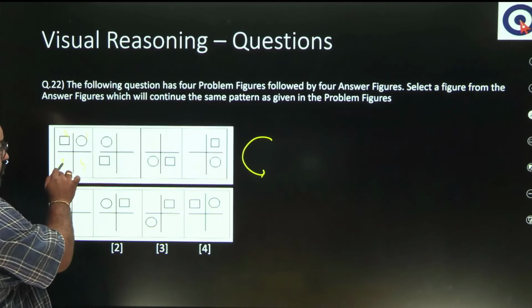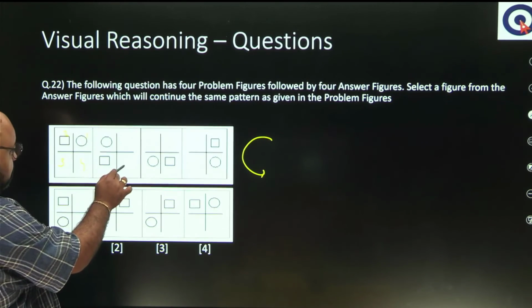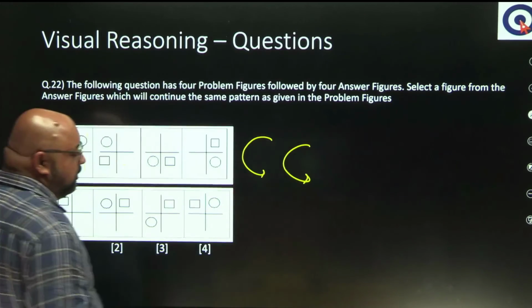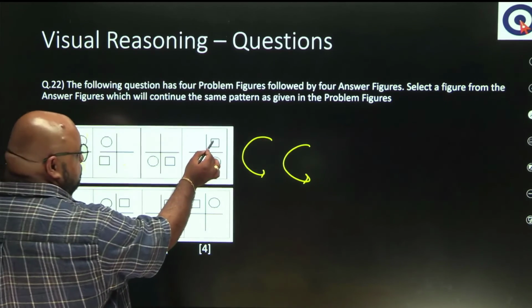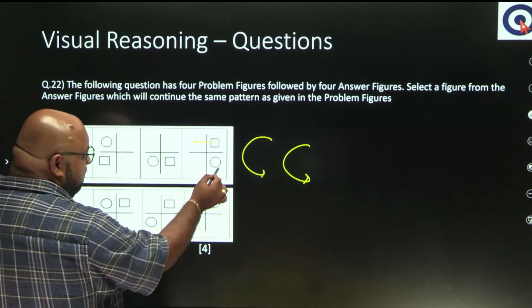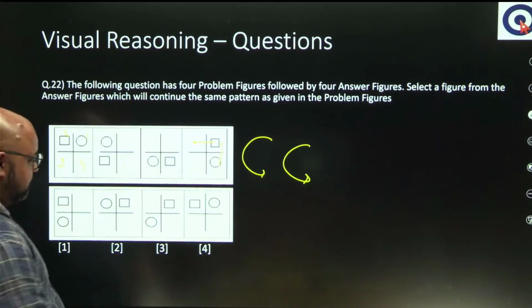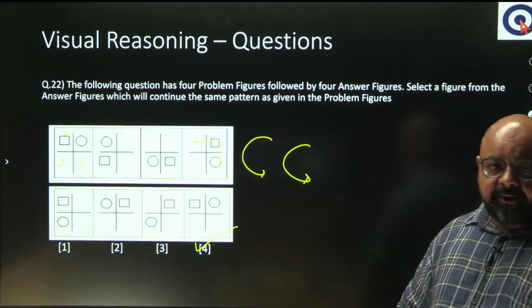Again goes from 2 to 3, then from 3 to 4, then 4 to 1. The square is also going in the same direction, one quadrant at a time. And therefore, it would make more sense. So if I want to continue the pattern, I will make the same change again. So the square will go into the second quadrant and the circle will come in the first quadrant. From the options, option 4 satisfies, right?